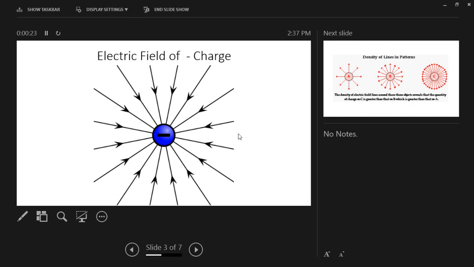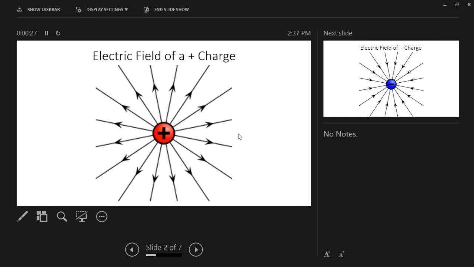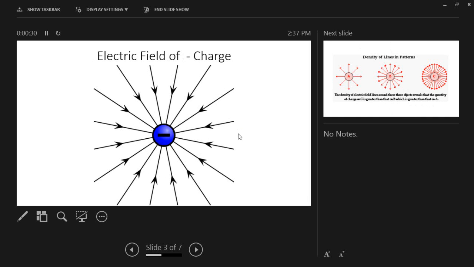What's the difference? The positive is going out and the negative is going in. Okay, what that means is the force goes from the positive to the negative. It always moves positive to negative. This is just the chart. It goes from the positive side to the negative side.